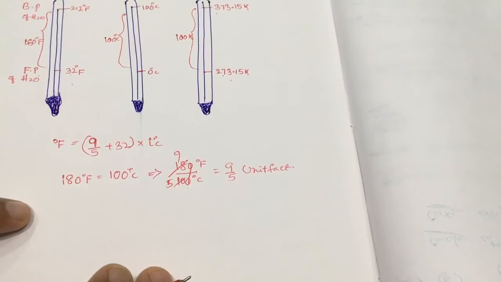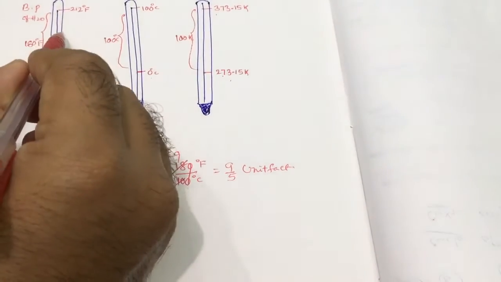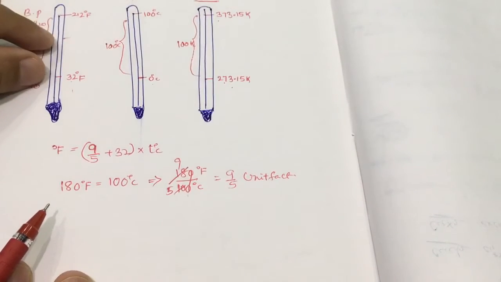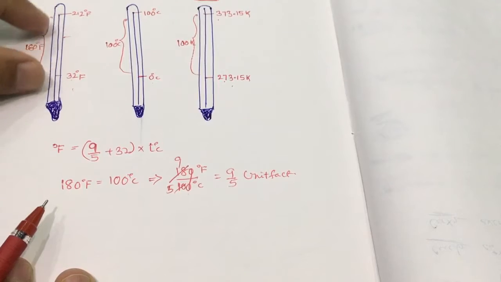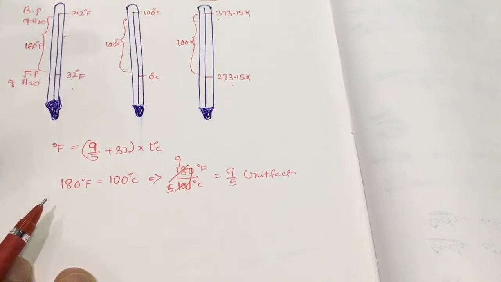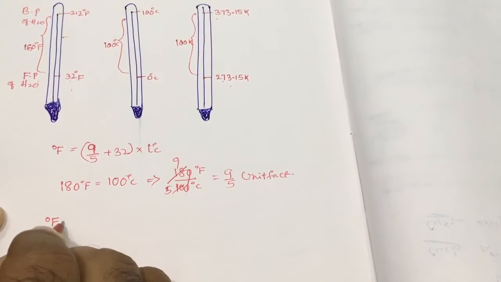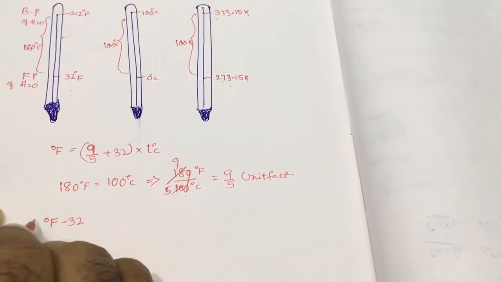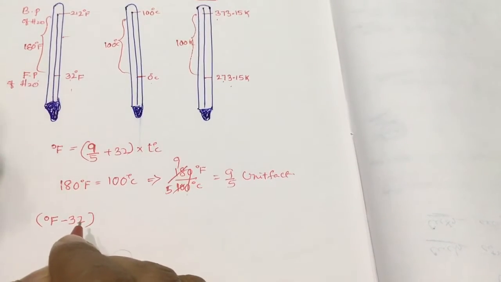Now, not only this difference, you can take any difference here, 200 or 180 or any other, because we don't know which temperature we are taking, for example. That's why I write degree Fahrenheit minus 32, the lowest number I am taking here.